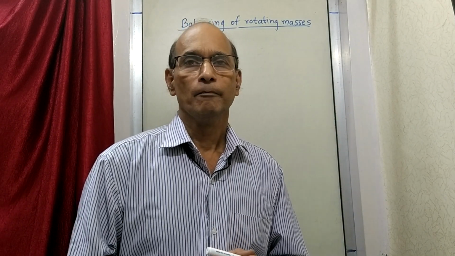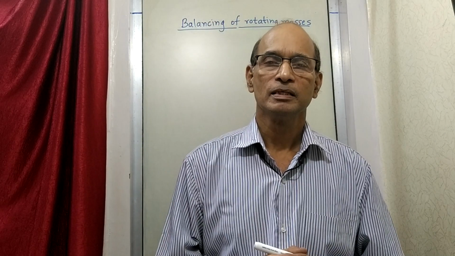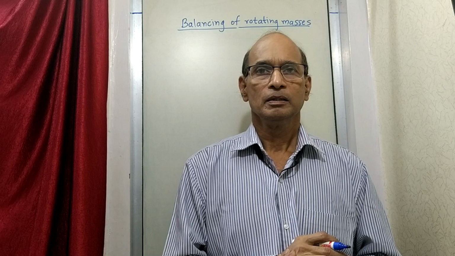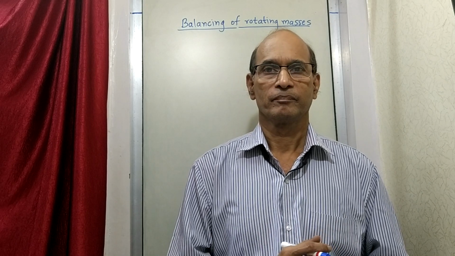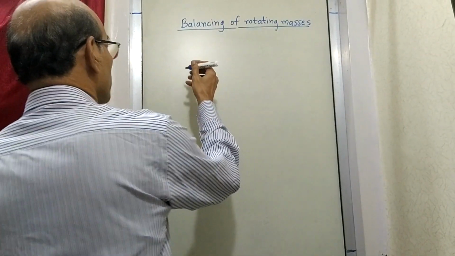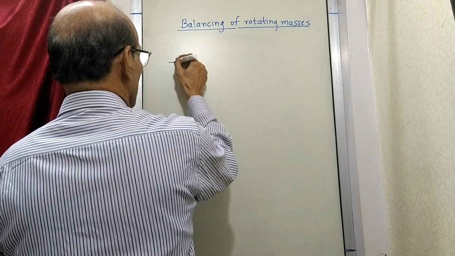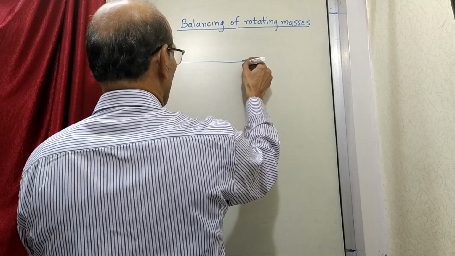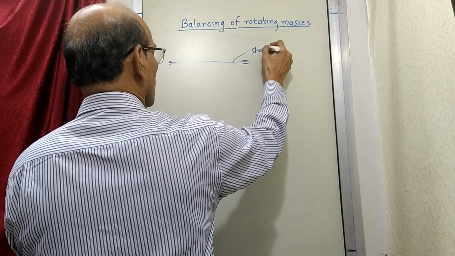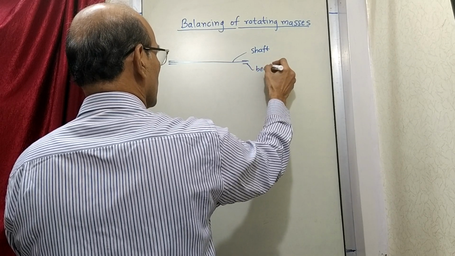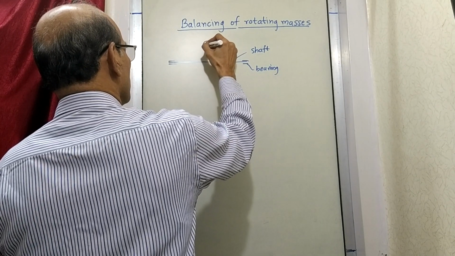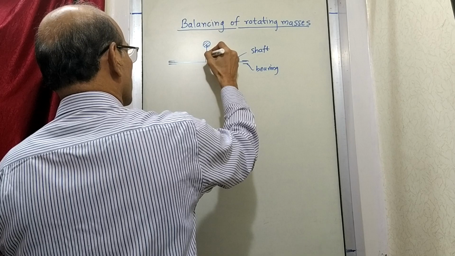Let us see. Balancing of rotary masses means when there is a mass which is under rotating condition, it requires a balancing. Now how this happens, why it is unbalanced, let us try to see that first. So let me draw one axis like this. Let me draw one shaft like this, and it is a bearing, and on this shaft let us say one mass is fitted at a distance of r.